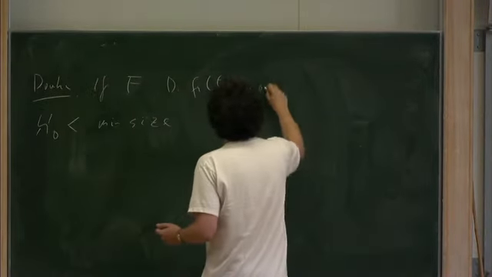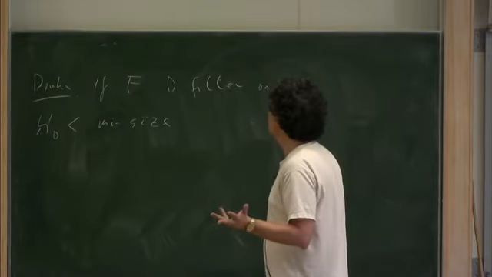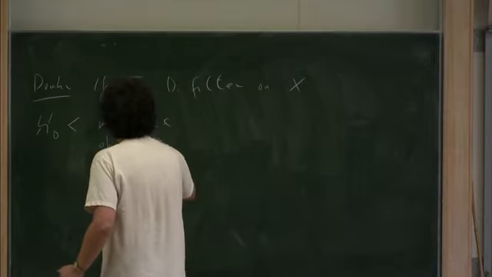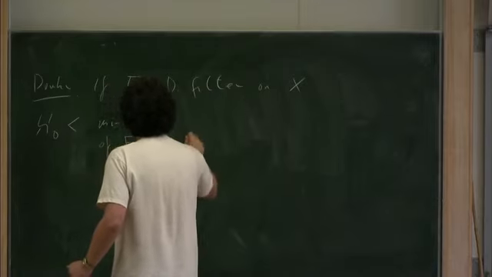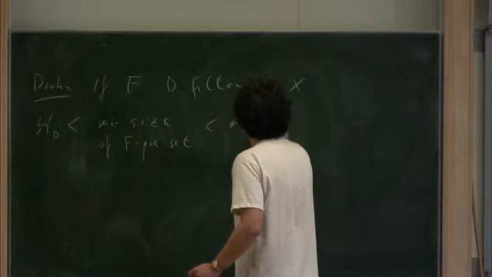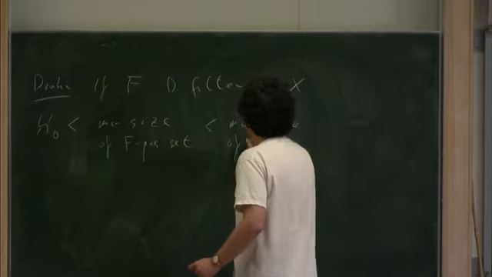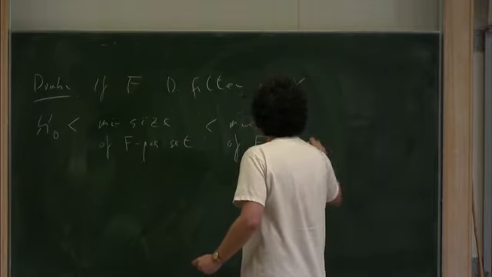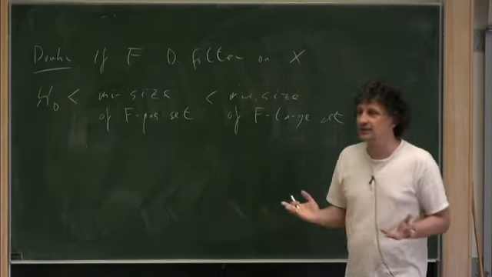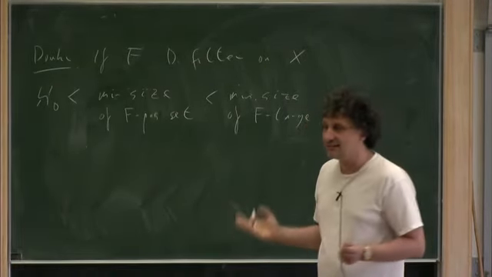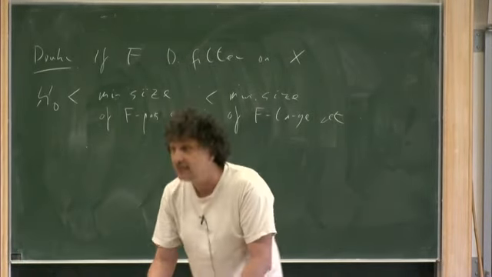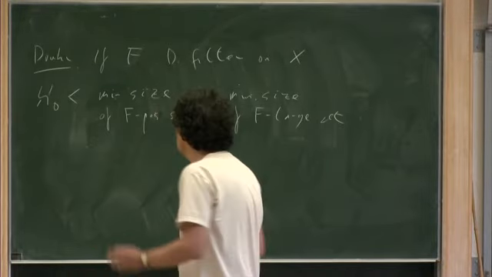If F is a Dowker filter on X, LF0 is strictly less than the minimum size of an F positive set, which in turn is strictly less than the minimum size of a set in the filter. So they're kind of peculiar, and they're very far from being ultrafilters. The positive sets really have a different look from the large sets for these filters.